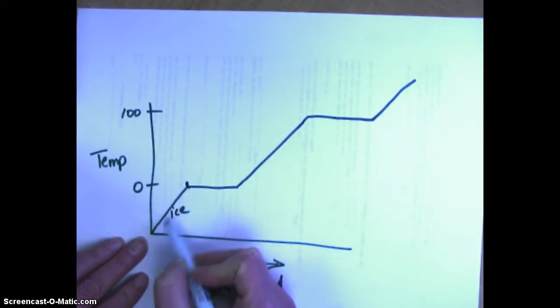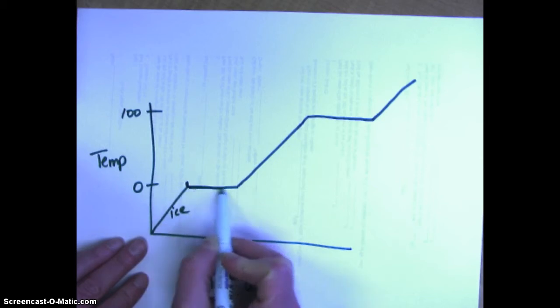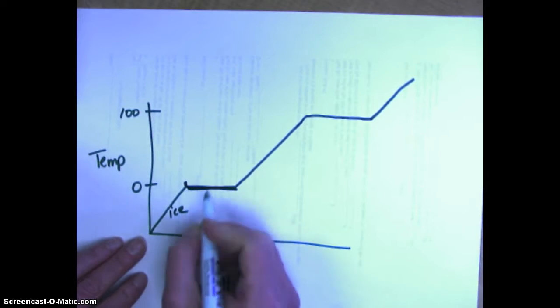So at this point, all of the heat that's going into the system now goes into melting the ice. From here to here, that heat goes into melting the ice.